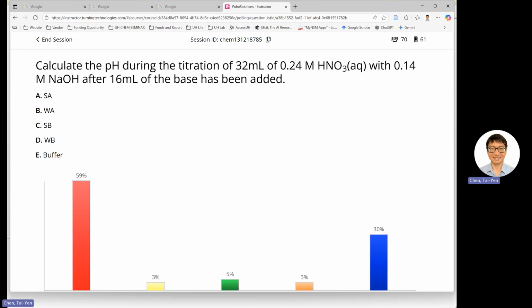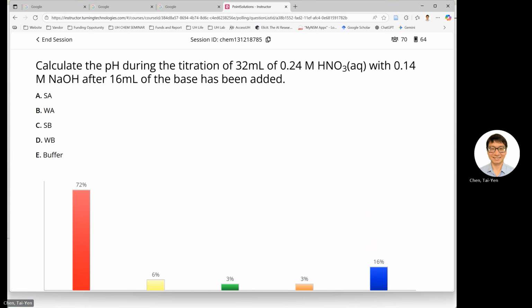When are you going to have a buffer? You must have a conjugate acid and base. And what's going to have a conjugate acid and base? It has to be a weak acid or weak base, not strong ones.